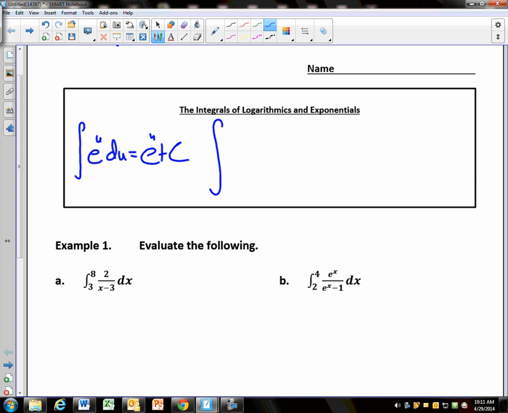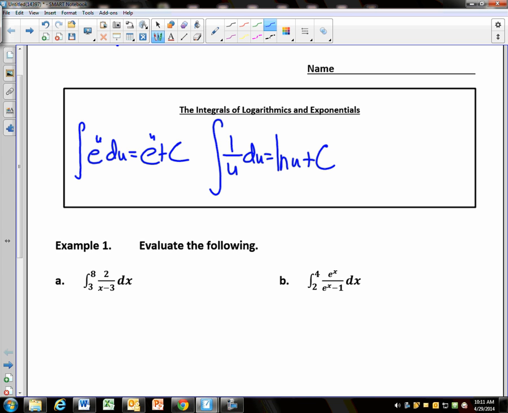The integral of, we'll try this, natural log of u. Whoop, nope, we don't know that one yet. Integral of 1 over u, the antiderivative of 1 over u du is equal to natural log of u plus some constant. And then we want to do one more.